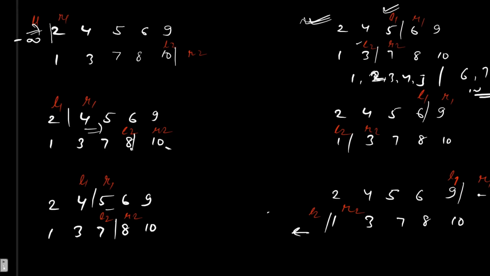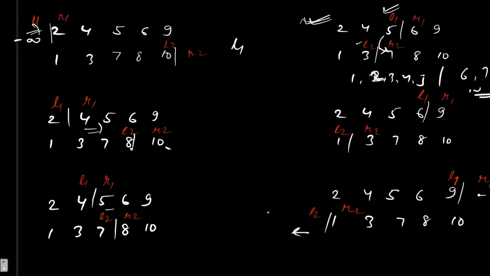How can we ensure that? As we know that all the arrays are in sorted format, L1 is always going to be lesser than or equal to R1, and similarly L2 is always going to be lesser than or equal to R2, so we don't have to check these, but we can check that L1 should be lesser than or equal to R2.